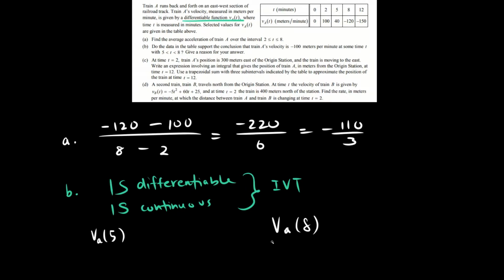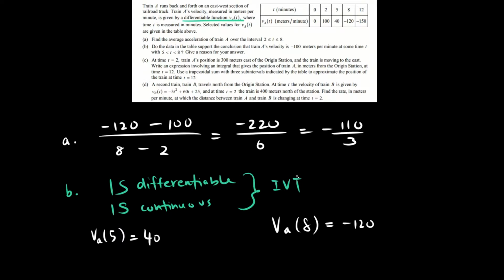There we go. So looking at our table, we know that VA of 5, our velocity at time 5, is 40. And then our velocity at time 8 is -120. So if VA of t is going to take on every value between 40 and -120, then it is reasonable to state that train A's velocity is going to be -100 at some point between t equals 5 and t equals 8.